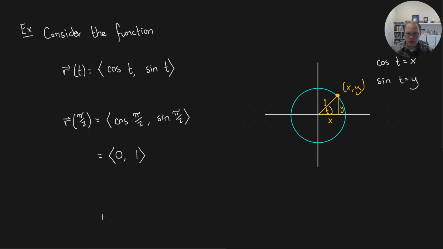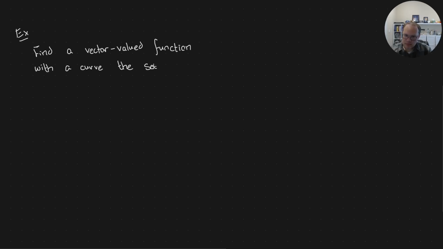All right, let's look at another example. Find a vector valued function with a curve the same as y equals x squared.